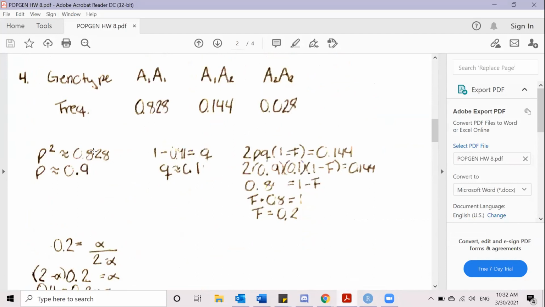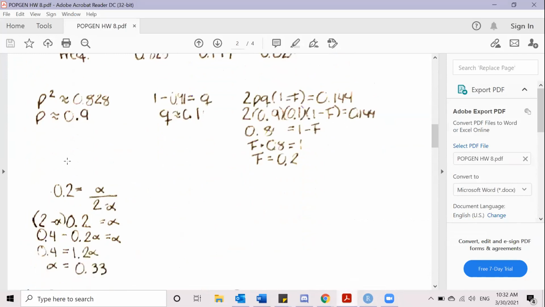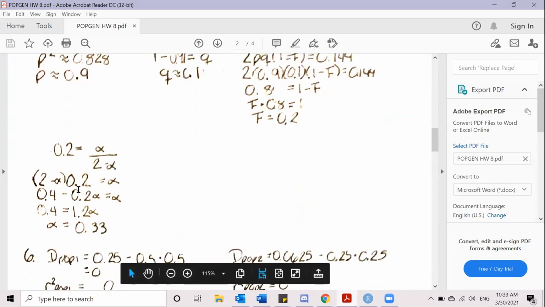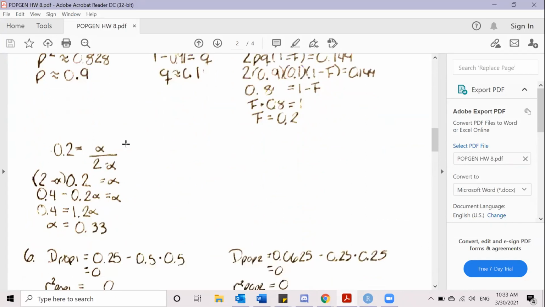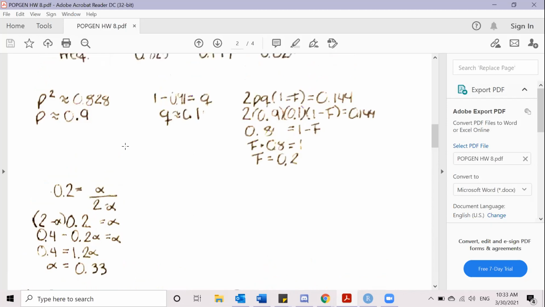I use those to estimate P and Q, and then I use the heterozygote frequency to find F, and I just plug that into the equation to solve for alpha. Exactly. So perfect. So here, alpha is the probability an organism selfs rather than outbreeds.